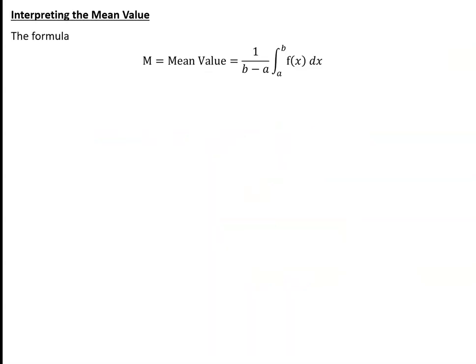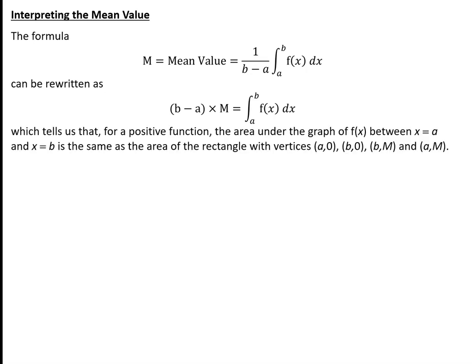Now it's just worth spending a little time interpreting the mean value and what it actually means geometrically. We could rewrite the formula, the mean value equals 1 over b minus a times the integral between a and b of f, into b minus a times by the mean value equals the integral between a and b of f.